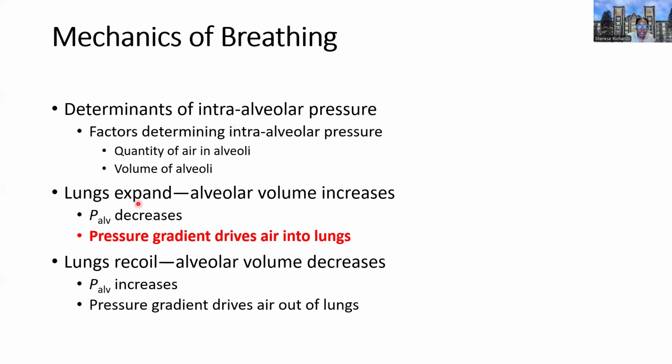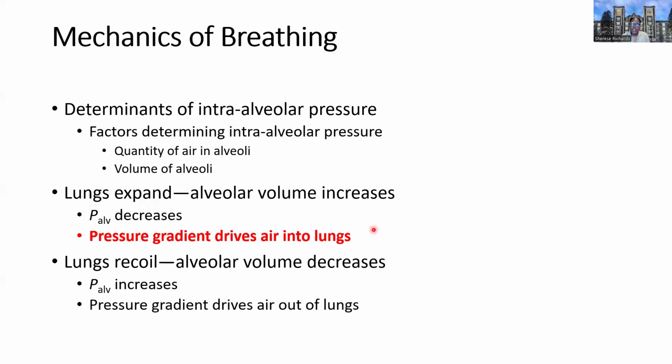In terms of the lungs expanding, the alveolar volume is going to increase, which makes sense as that air comes in. Well, actually, the volume expands first, then the air comes in. And so the intraalveolar pressure decreases, and the pressure gradient is what drives air into the lungs.